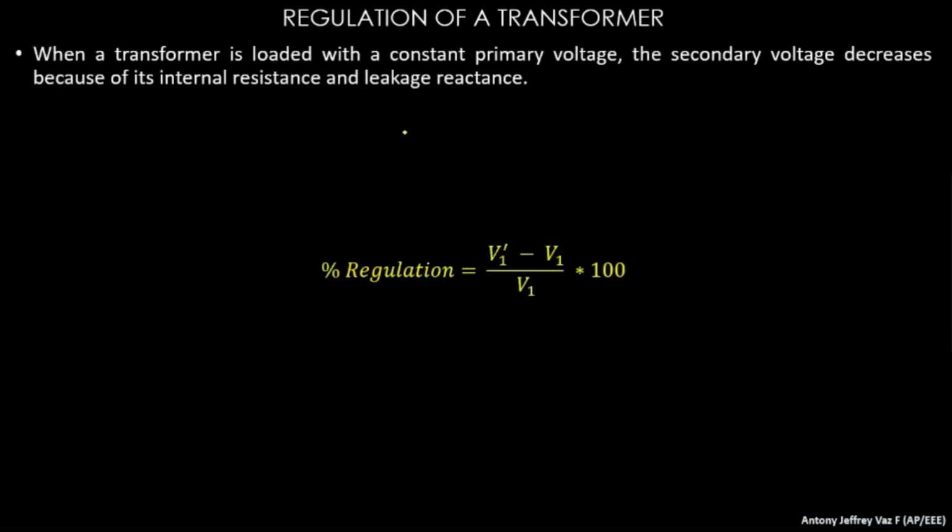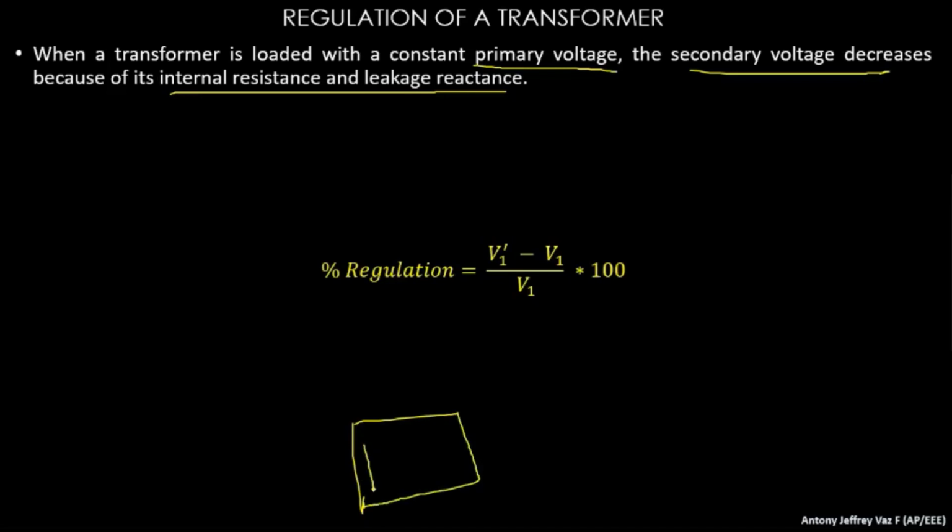Next, we will be seeing about the regulation of a transformer. When a transformer is loaded with constant primary voltage, the secondary voltage decreases because of its internal resistance and leakage reactance. Okay. If you have a transformer like this and you supply a voltage in the primary winding as 110 volt, and here you are going to get an output of 50 volt.